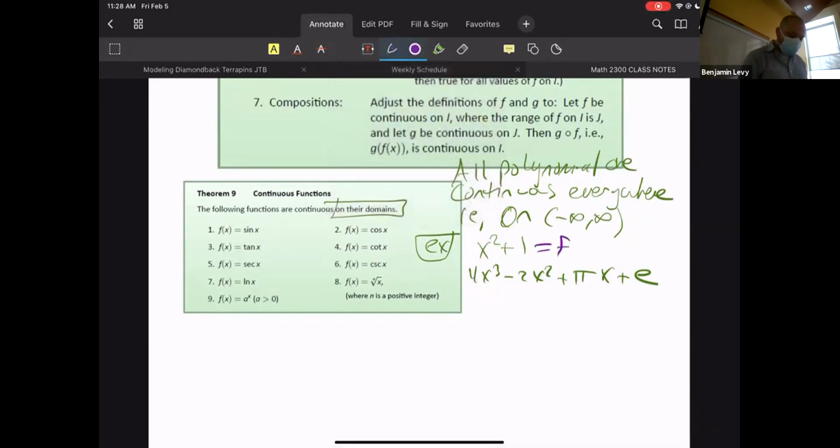Let's call this one F, and let's call this one G. What the theorem at the top there says is F plus G is also continuous, because we're adding them together, right? So it's just saying, hey, if you got two continuous things and you add them together, they're going to stay continuous. Very, very straightforward.